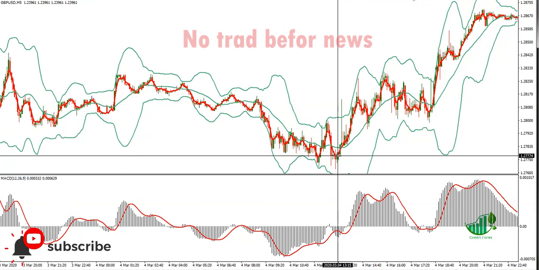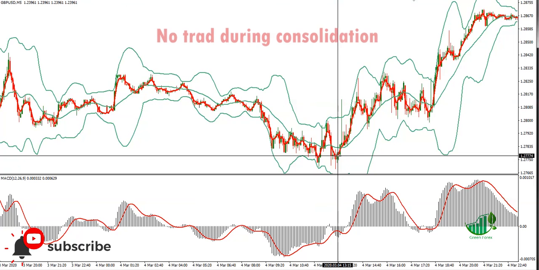I'm not talking about this particular indicator; whatever indicator you have, you should not apply it at least two hours before possible news. And whenever the market is in a consolidation situation, indicators should not be used, especially this one.